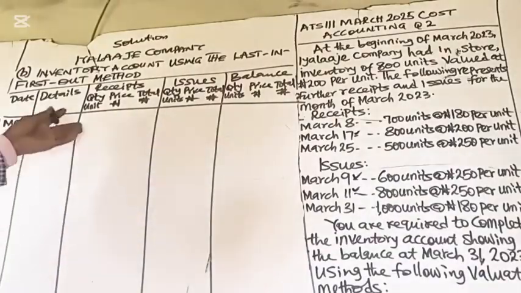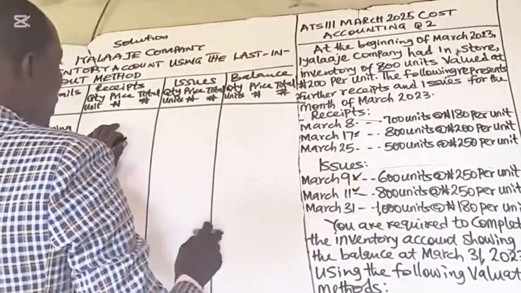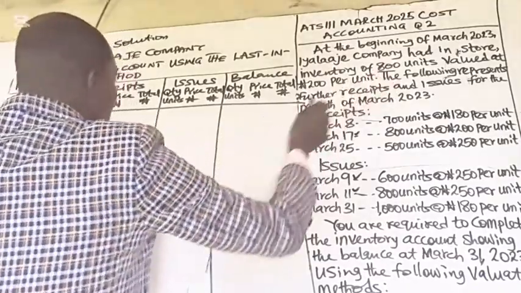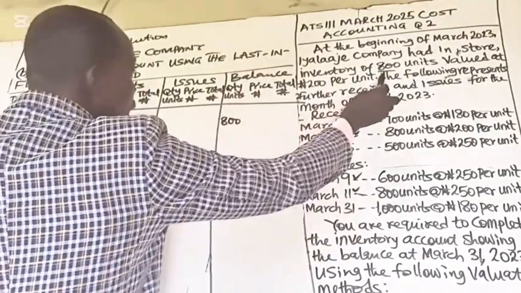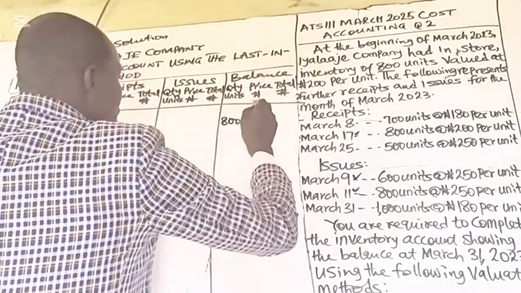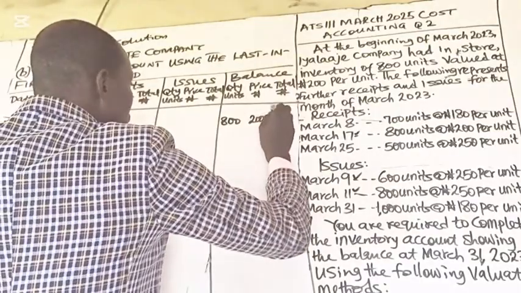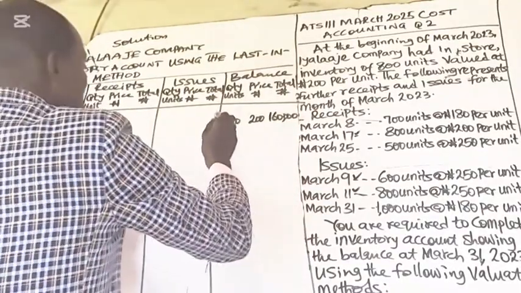You may not record that under the receipt column. The opening inventory is 800 units at the price of 200 naira per unit, and that amounted to 160,000. That is the opening inventory.